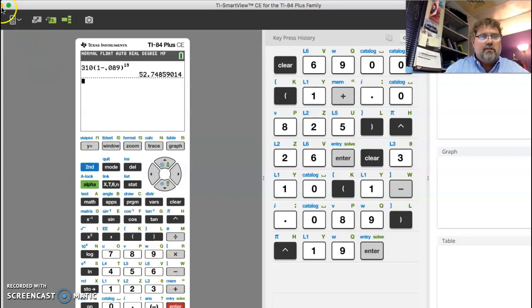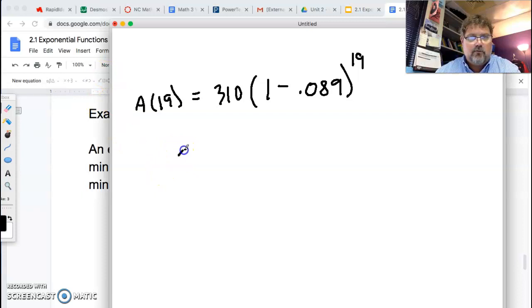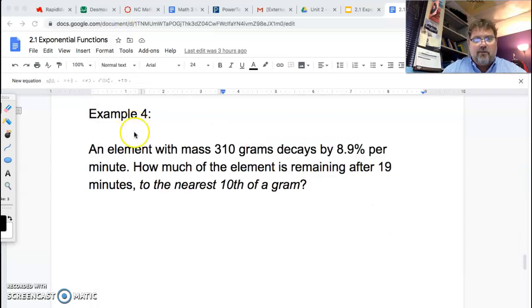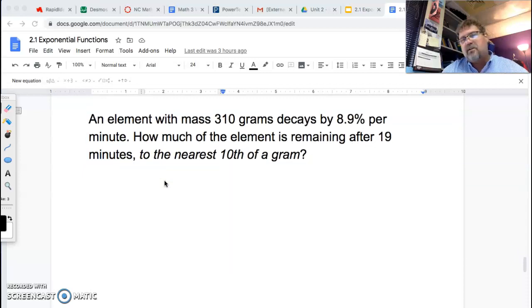So they wanted to the nearest tenth of a gram. So we would say approximately 52.7 grams. All right, that's how you do a few of these, and hopefully that's helpful for you. And we'll get into the natural exponential function in the next video, and I'll see you there.